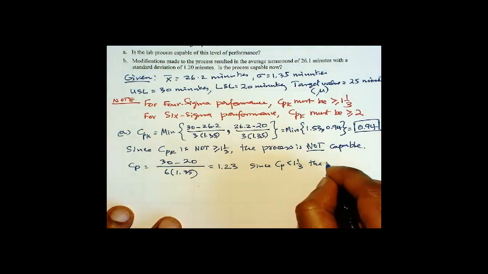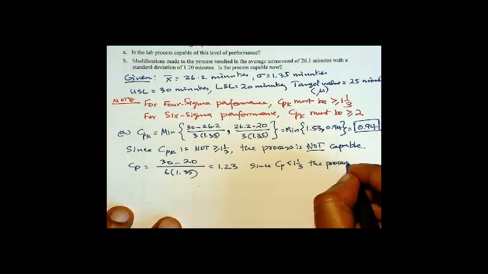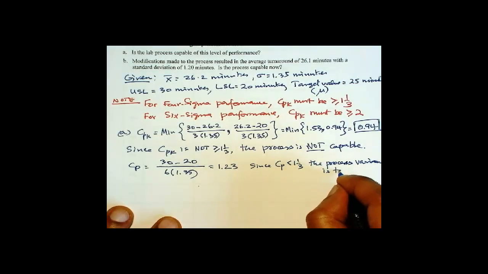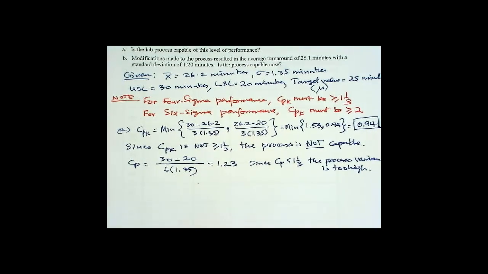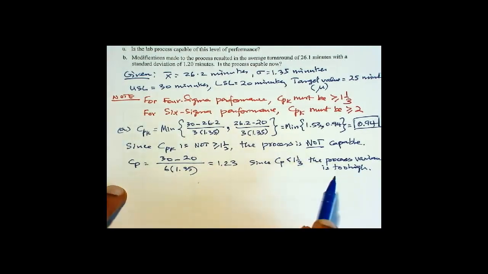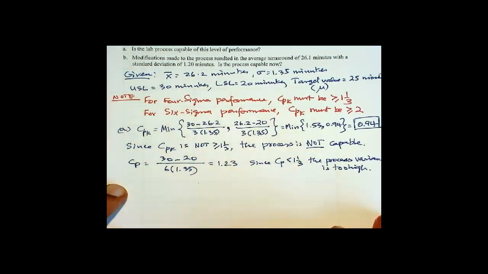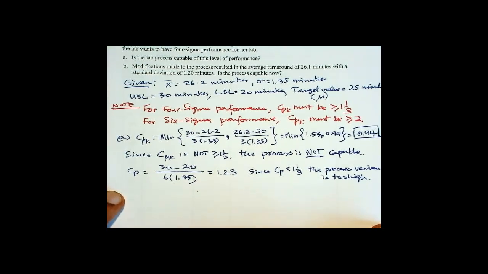The process variance is too high. Since process variance is too high, that's what you need to try to reduce in the first place by making changes in the production process.